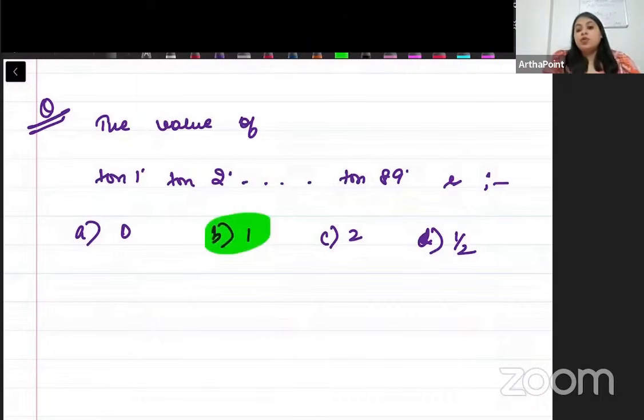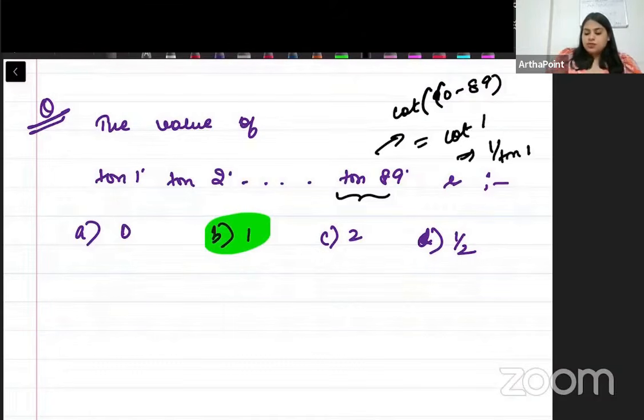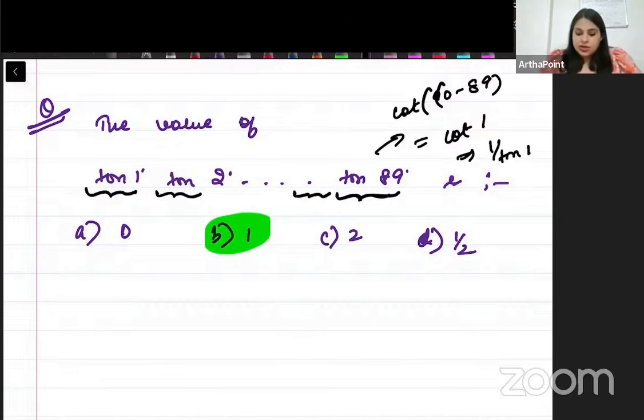But I'm leaving it up to you to try. Just a hint: tan 89 can be written as cot of 90 minus 89, so it can be written as cot 1. And cot 1 is 1 by tan 1, so this and this will cancel out each other. Similarly, this and the one before this will cancel out, and so on. Based on that, just try to solve this question. The answer should be 1.